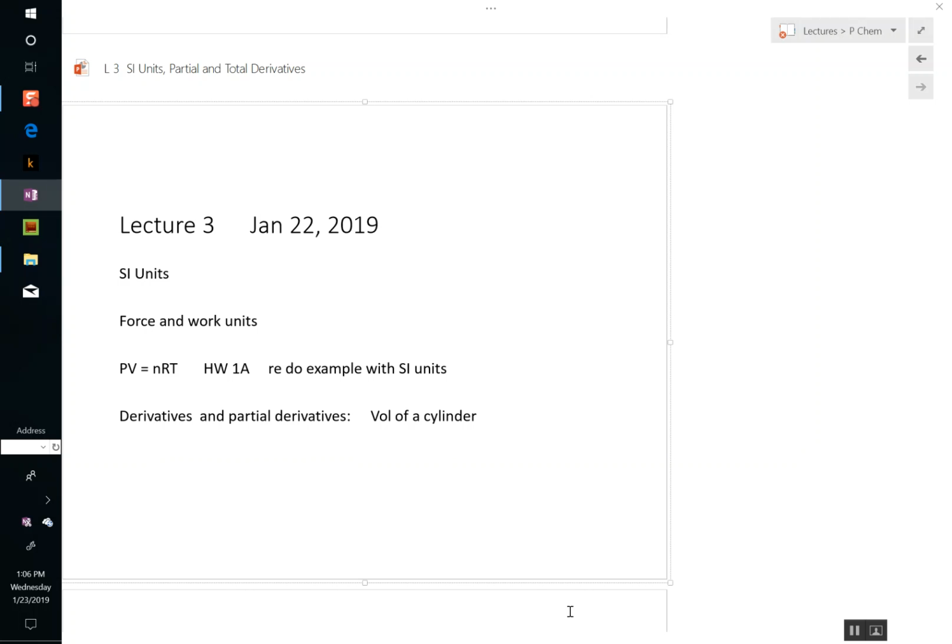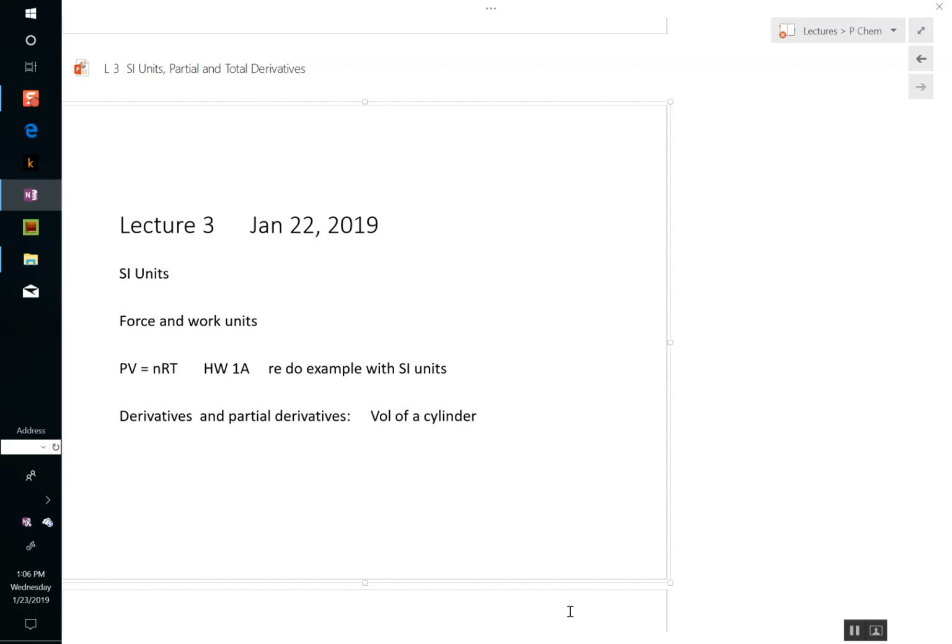Our book has a couple of R values that are in from Gen Chem, and this is one of the shifts we need to make from Gen Chem. You use this, and we got used to this.